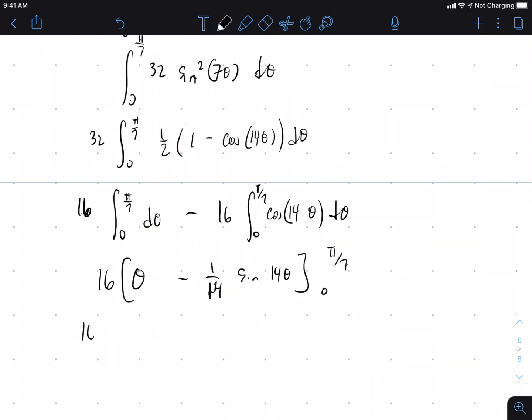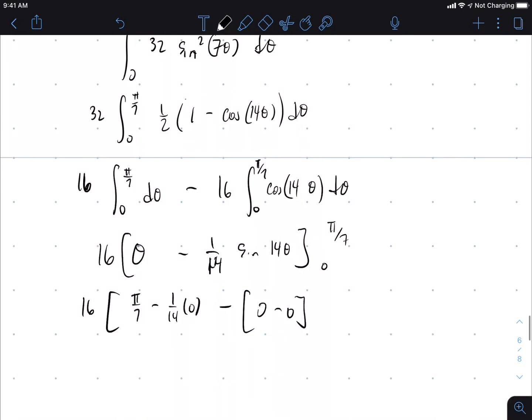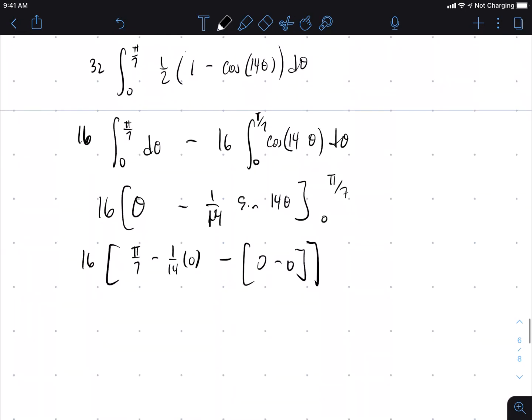So let's just do the inside piece first. I'm going to get pi over 7 minus 1 over 14 times 2 pi, which is going to be 0, right? Minus 0. Sine of 0 is 0. Oh, that's cool. So that's a big fat 0. So I'm going to get 16 pi over 7 as my area. We okay?